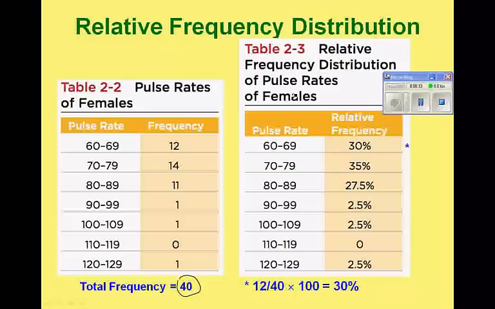Now, for a relative frequency distribution, we take each one of the frequencies and divide by 40. So they show you down at the bottom here, they take that first 12, divide by 40, and then change that to a percentage, you get 30%. So this gives you an idea of what the frequency is relative to the rest of the classes.